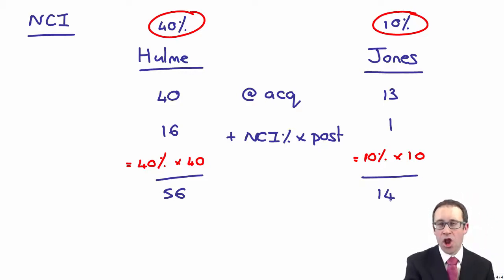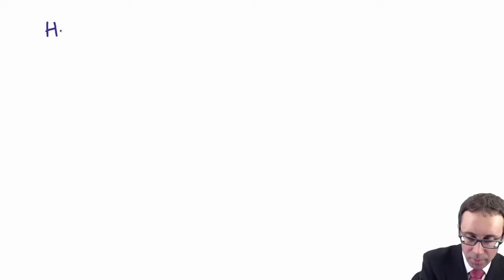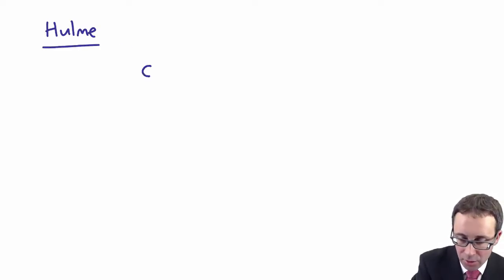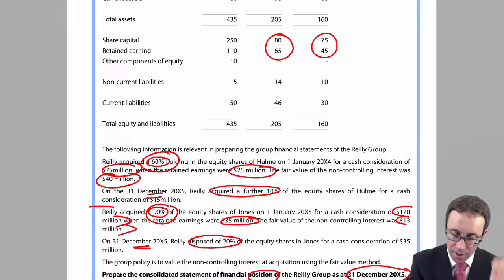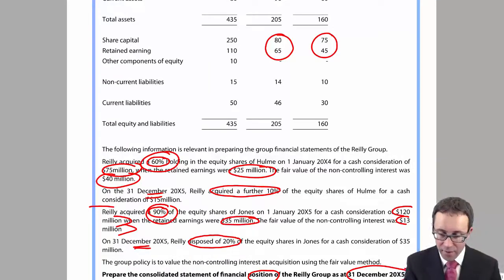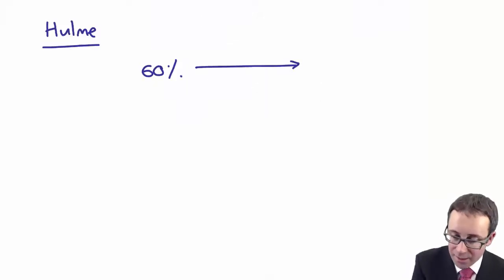Okay. Now the challenge, ladies and gentlemen. This is where it gets particularly tricky. Let's deal with each one in isolation, isn't it? So if we go through there and think about Hume, then what happened is on Hume, we had 60%, didn't we? And we acquired a further 10%, didn't we?